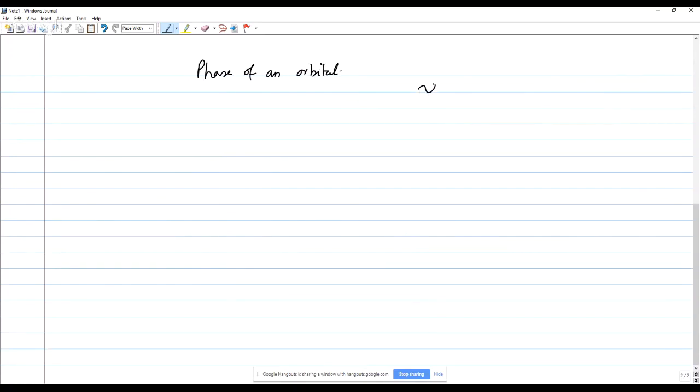Orbital is generally given by a function or represented by a function. And if you are referring to, say, hydrogen atom, the function is a function of the 3 coordinates of the electron, or these are Cartesian coordinates. The Cartesian coordinate is assuming that the coordinate is centered at the nucleus, this is the proton, and the electron is somewhere here.